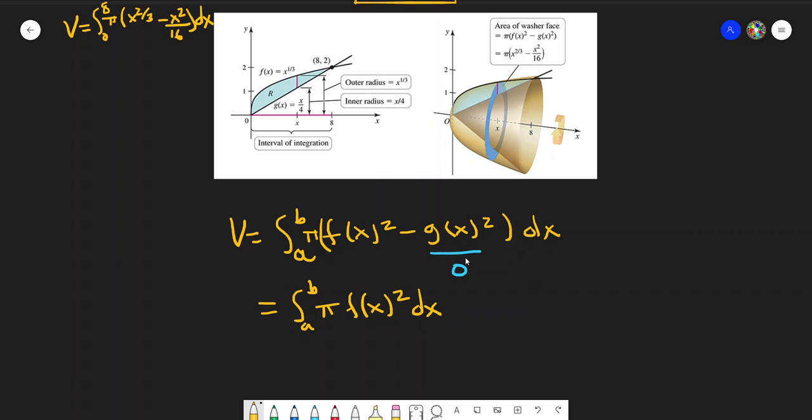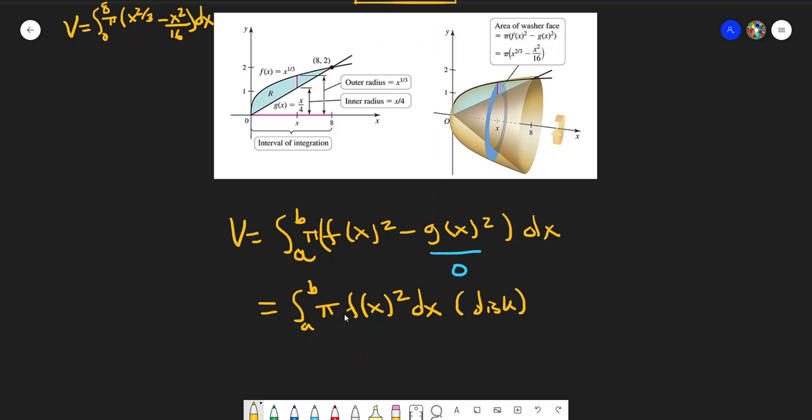What that tells you is that we could have learned washer method first and then disk method, because when the bottom function is equal to 0, it's just the original disk method.